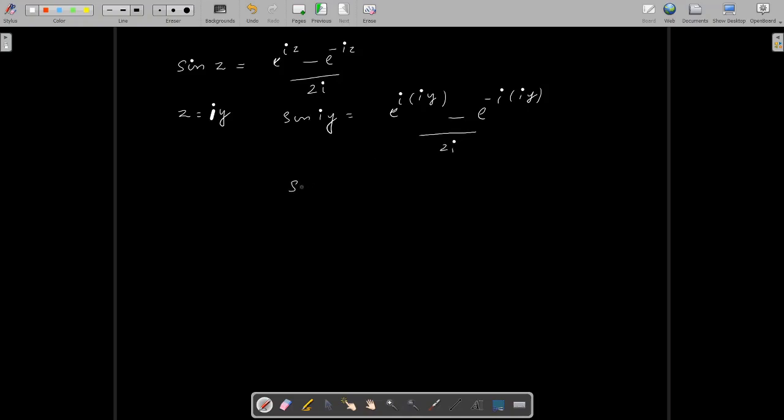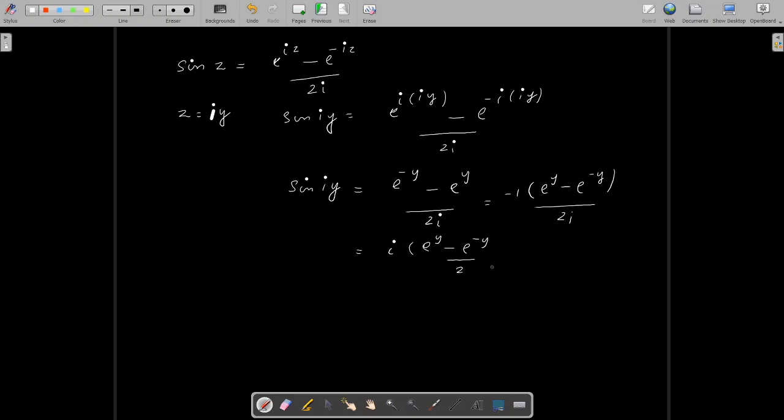So sin iy equals e raised to minus y minus e raised to y divided by 2i. When you take the minus sign out, you get e raised to y minus e raised to minus y, whole divided by 2i. If you replace this minus 1 as i squared, you can cancel one i from the denominator. So you get i times e raised to y minus e raised to minus y divided by 2.